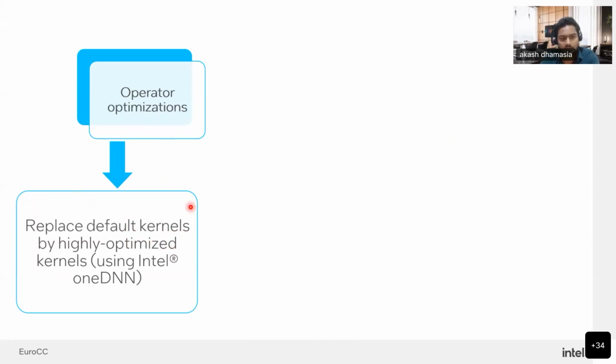But with Intel oneAPI, or an Intel optimized framework, it actually replaces those kernels with Intel oneDNN kernels, all of which are doing mathematical operations. oneDNN uses the Intel instruction set to make those operations very fast on Intel hardware. So it is basically replacing those kernels with highly optimized kernels from Intel.